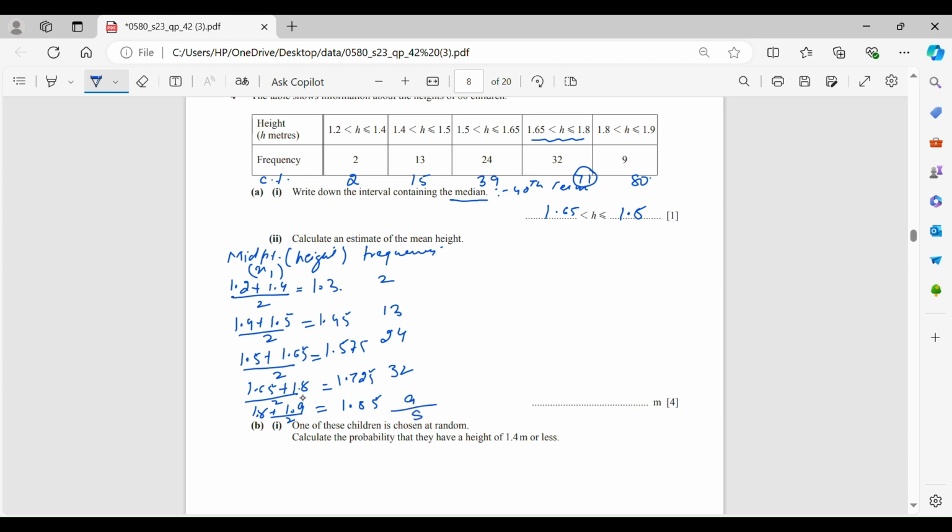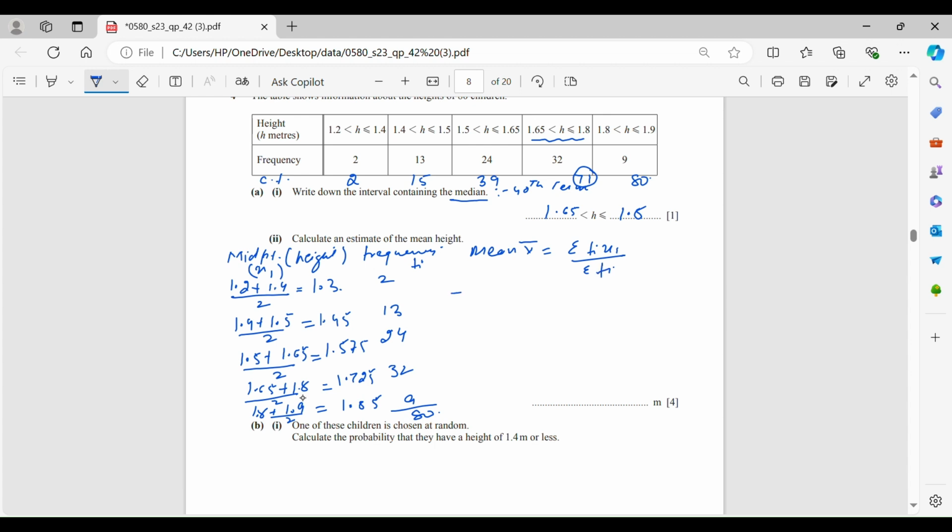The total is 80. So our estimated mean will be equal to the summation of fi into xi over the summation of f.